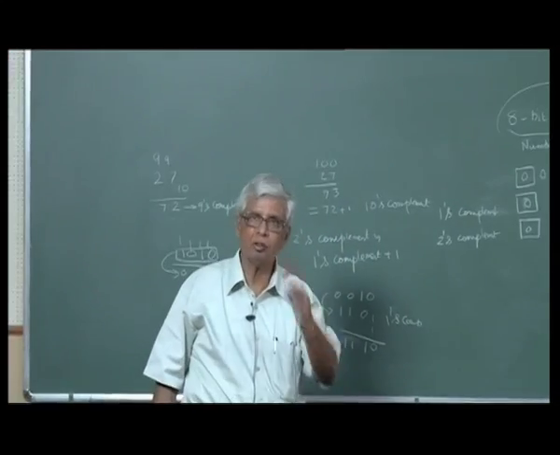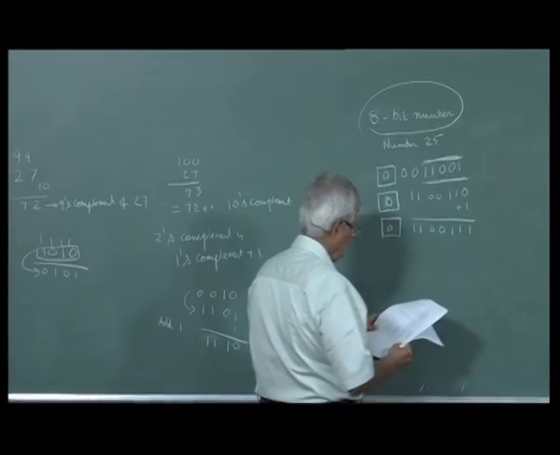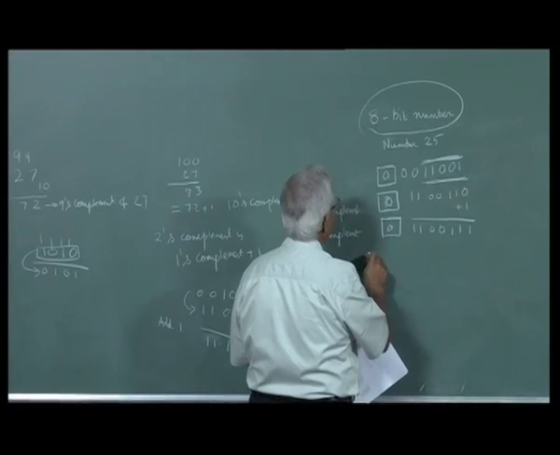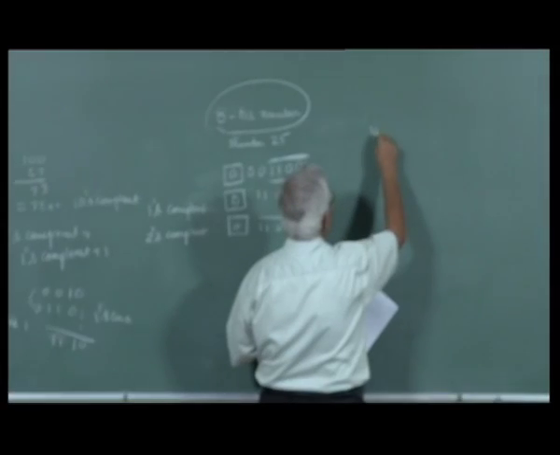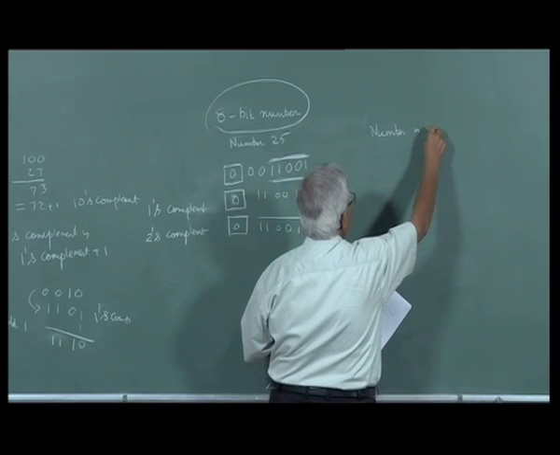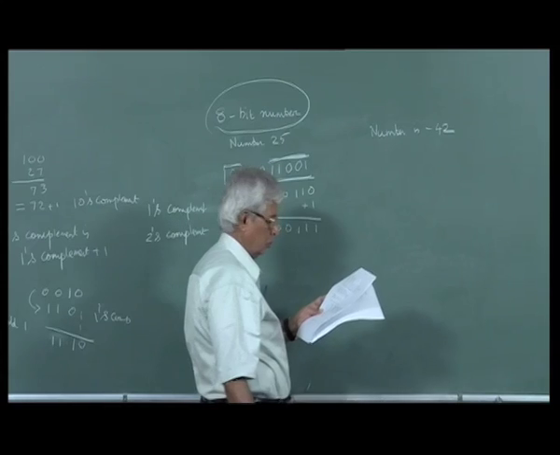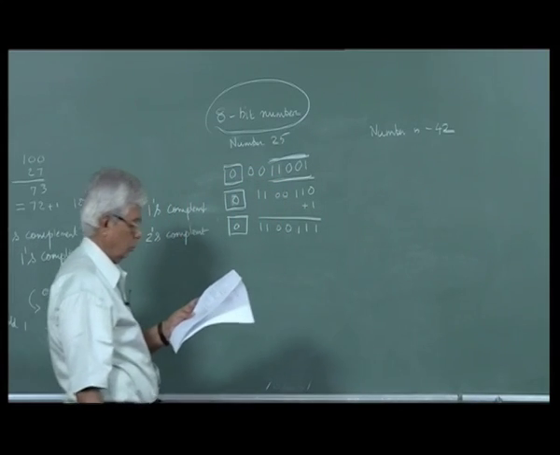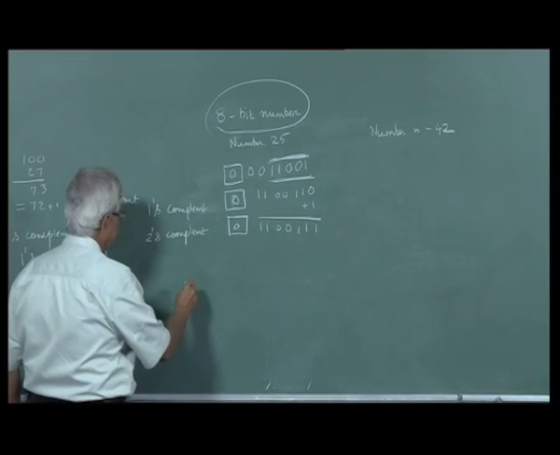Let us take a negative number and do this. Minus 42. How much is it in binary?